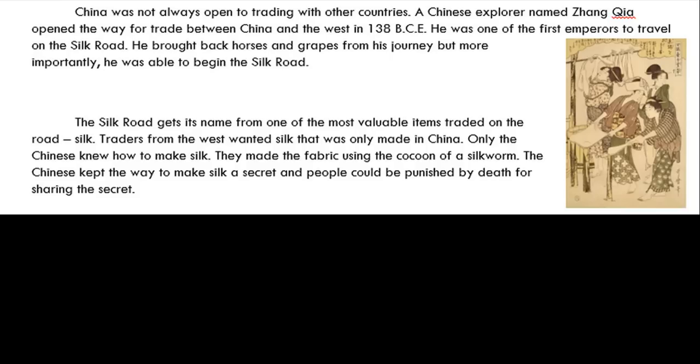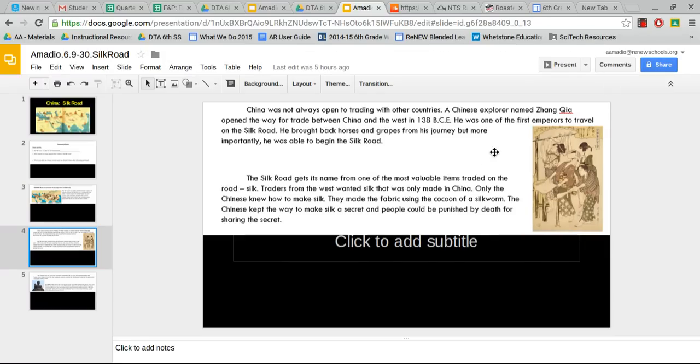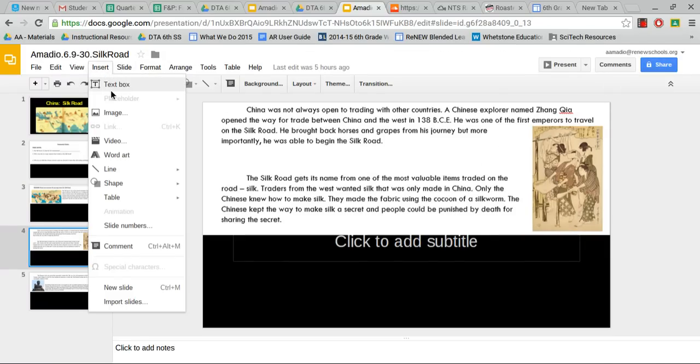China was not always open to trading with other countries.